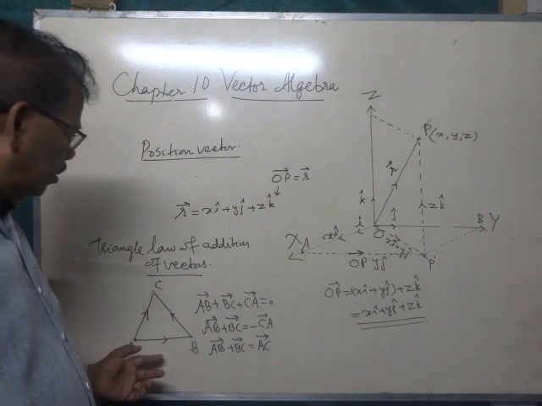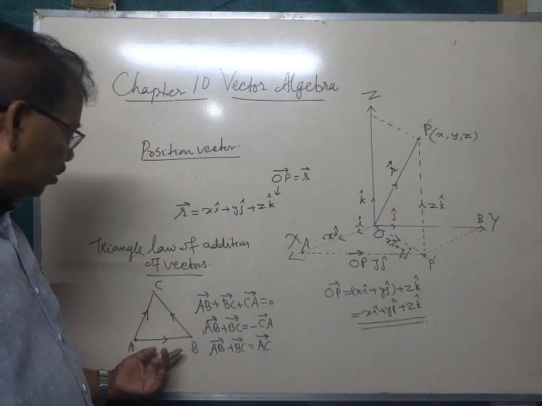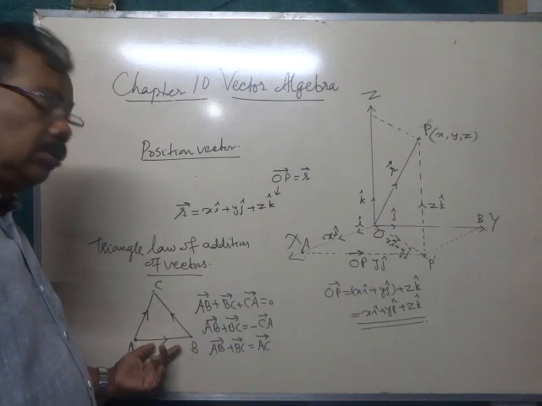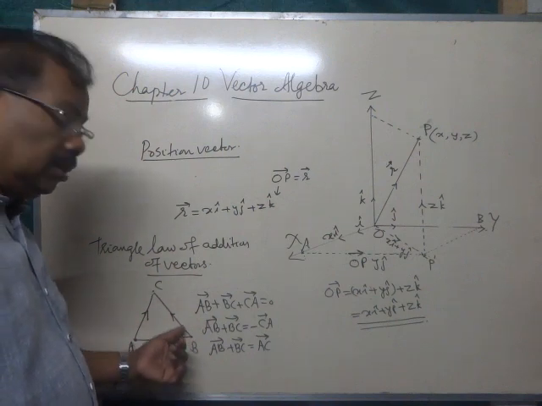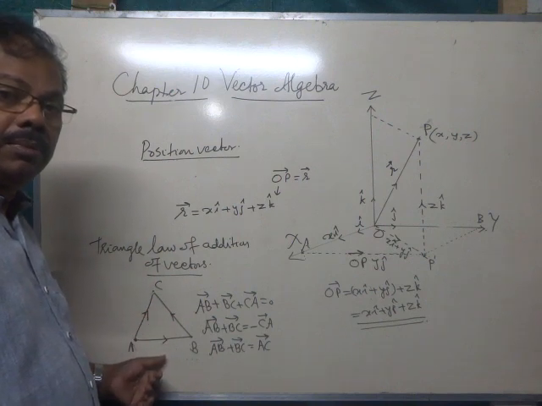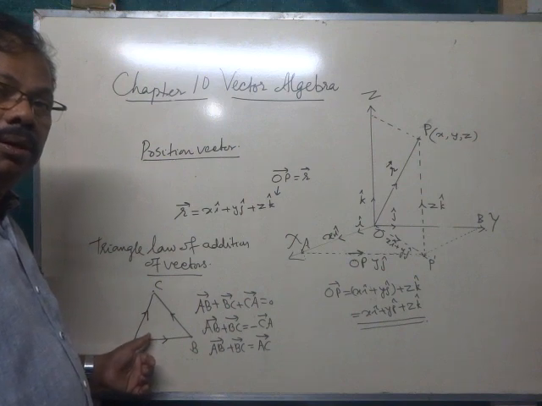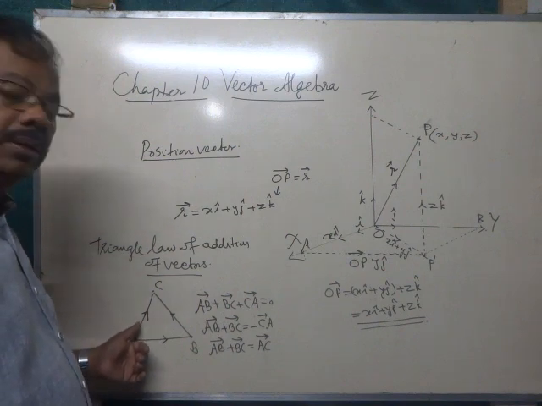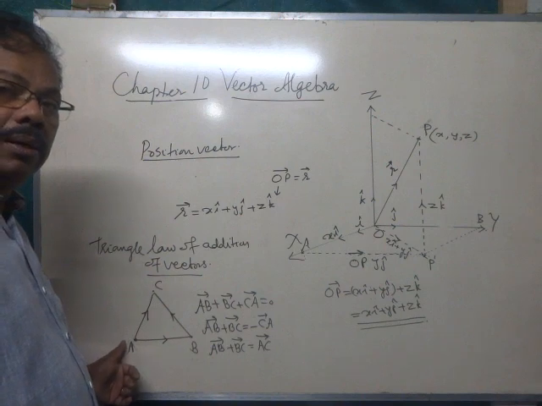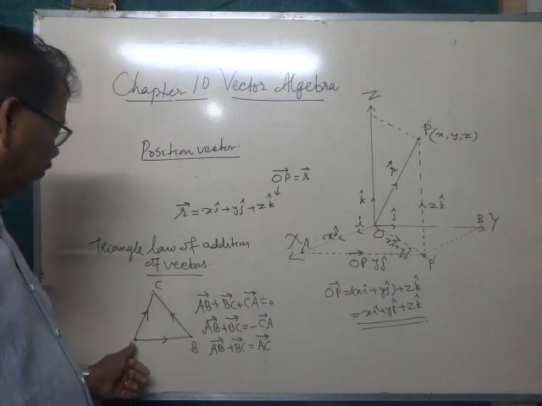Once again, if two vectors are represented by the two sides of a triangle, then the vector sum is obtained by the third side of the triangle taken in the reverse order. That means the direction will be from A to C.